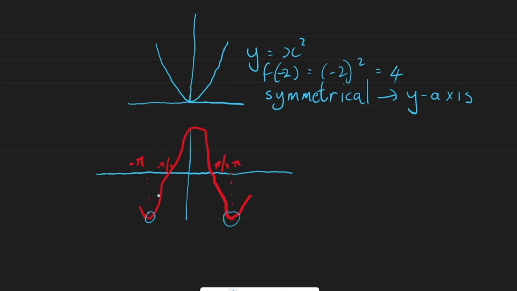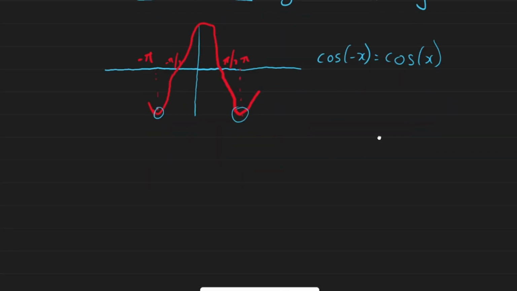So in other words, cos of minus x is equal to cos x. This is a general trigonometric identity which many people will be aware of. This means that it's an even function. It is symmetrical about the y-axis. So these are even functions. So let's look at odd functions.